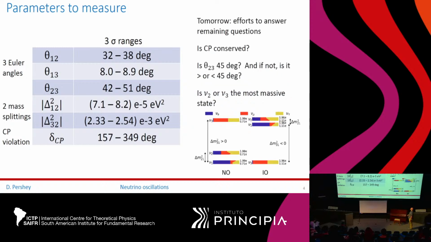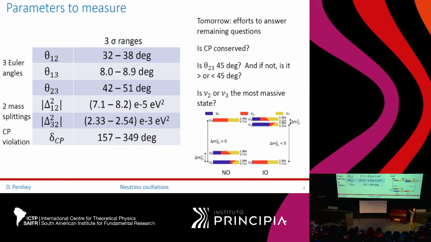Tomorrow we'll talk about the remaining questions that we have. One is the glaring thing to think about: is there CP violation in the leptonic sector? Whenever we see CP violation anywhere in nature, we always learn something, so we're incredibly interested in seeing whether leptons also give us another source of CP violation.